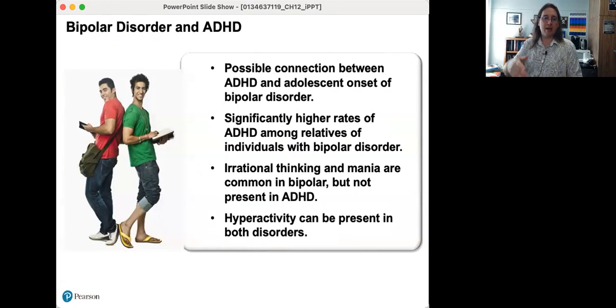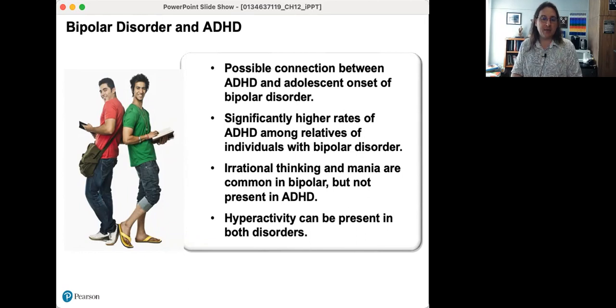And then later on in life, like in adolescent years, we might see them exhibit more bipolar features. Okay, that's not to say people with ADHD are going to wind up with bipolar as a diagnosis. It just means that there is a connection and that there are some risk factors associated with that.